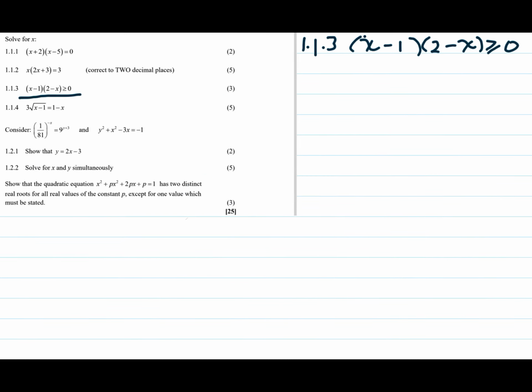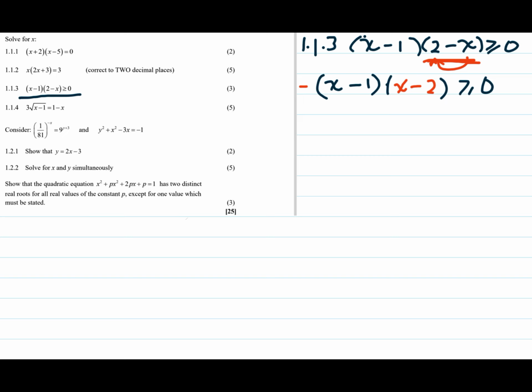The next question we're doing is the inequality question, that's 1.1.3. So this one here, if you look at the x, we have x minus 1, and then we have 2 minus x. So what we want to do is to rearrange it so that we have x minus 2.